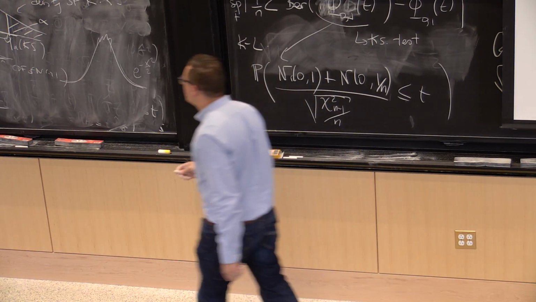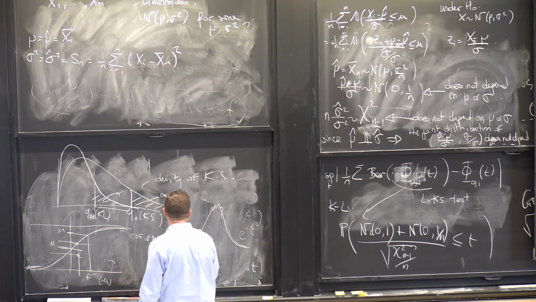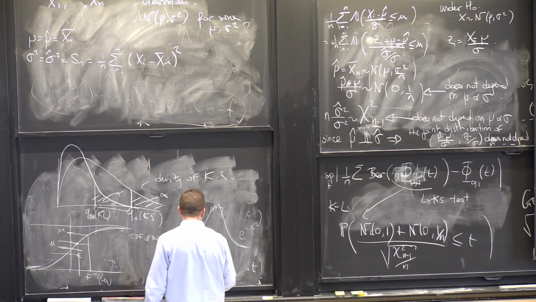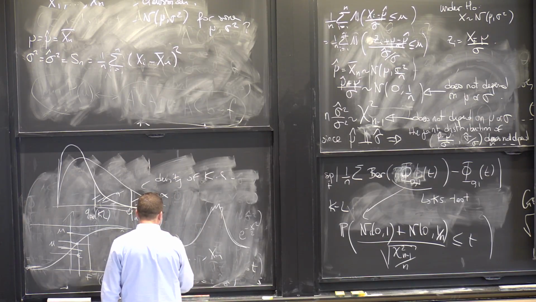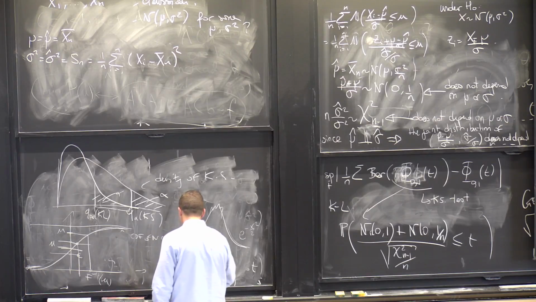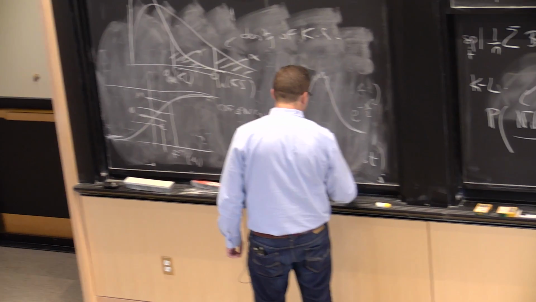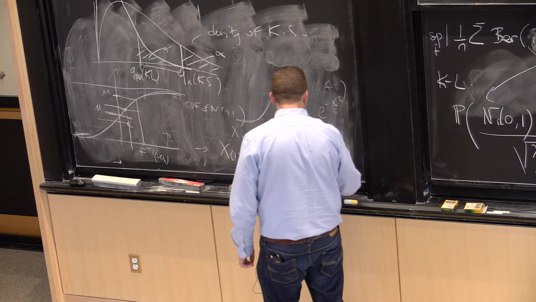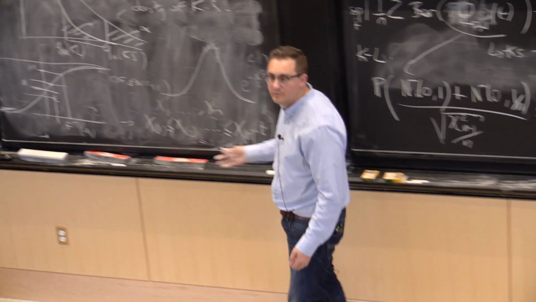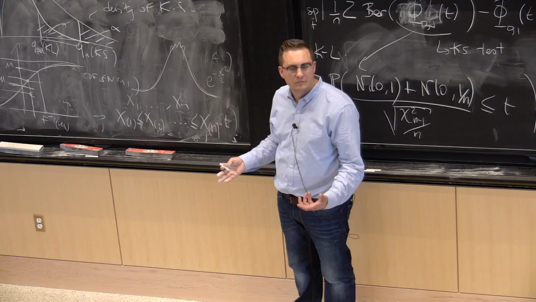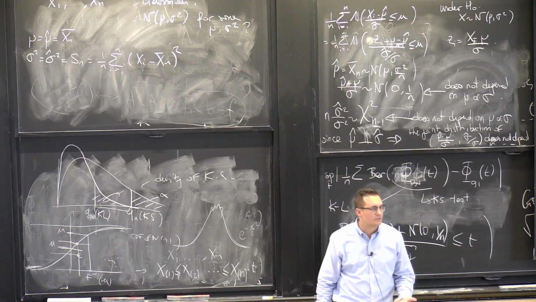Remember, we have x1 to xn. These are my data. And what I'm going to sort them into is x sub (1), which is less than or equal to x sub (2), which is less than or equal to x sub (n). So we just ordered them from smallest to largest, and we put this parenthesis notation.